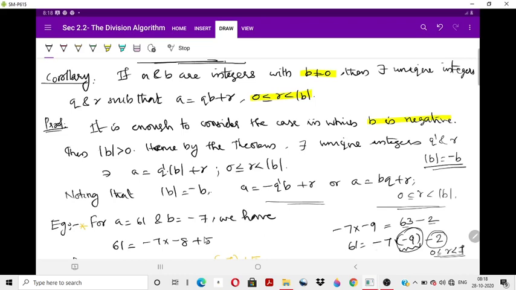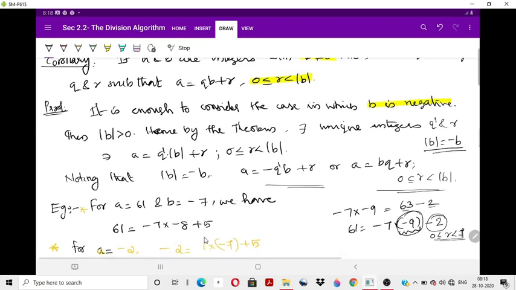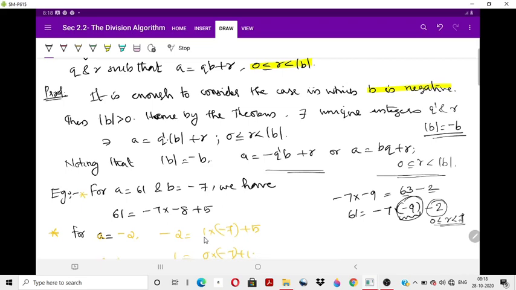So we can't consider the higher multiple than 61. We will consider the next multiple just below 61. The multiple of 7 which is just below 61 is 56. So 61 is equal to minus 7 into minus 8 plus 5, since 56 plus 5 makes 61.